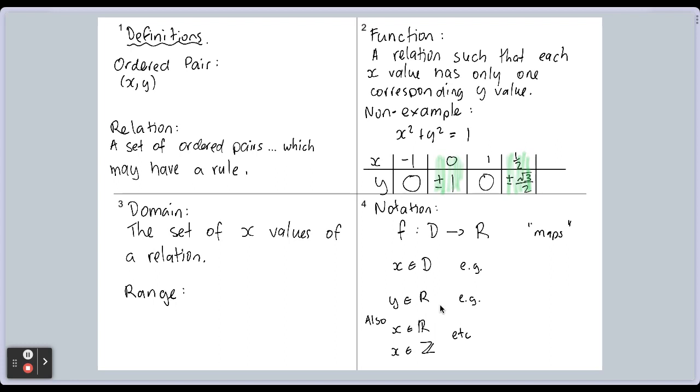So functions are a subset of relations. All functions belong to the idea of relations. So it's the set of x values of a relation. I tend to use the idea of the inputs of a function or a relation.